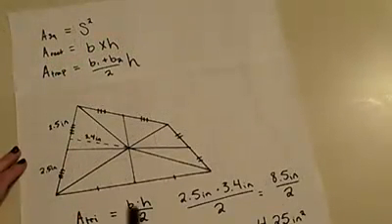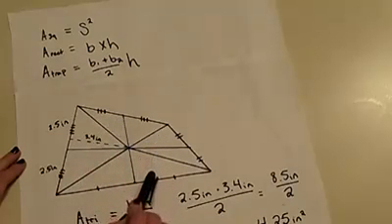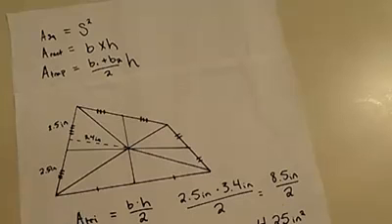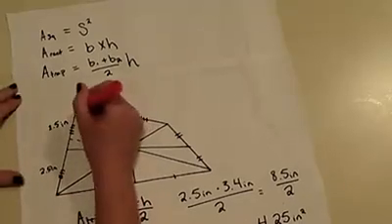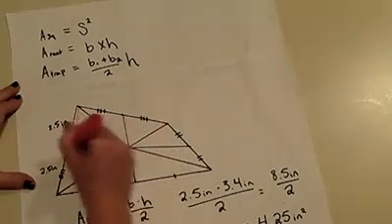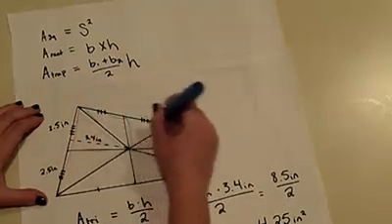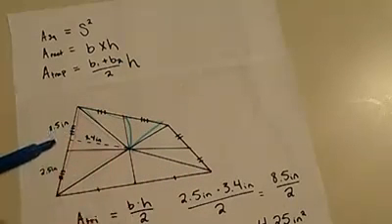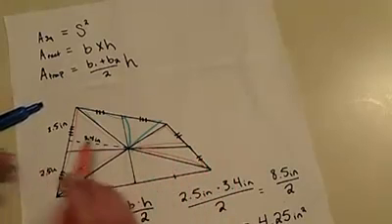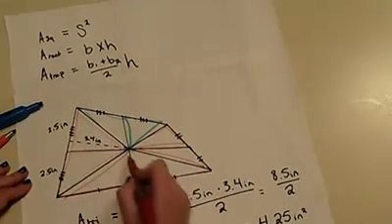So the next step would be to continue to find the area of each of these triangles, and since we know that these 2 triangles will be the same area and that these 2 triangles will be the same area, we know that these 2 will be the same area because they have the same height and the same base.